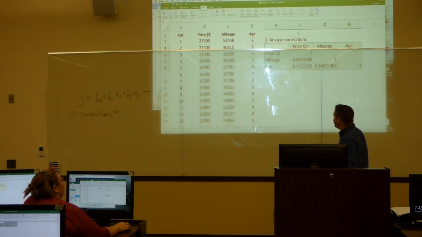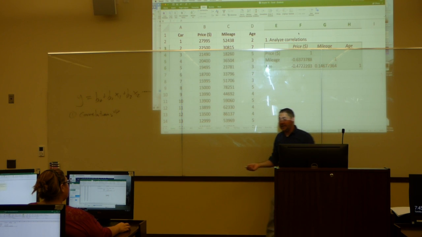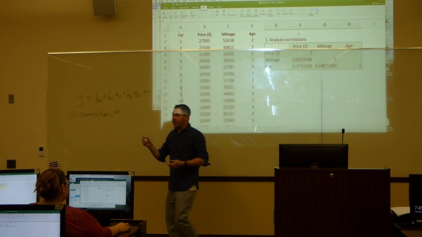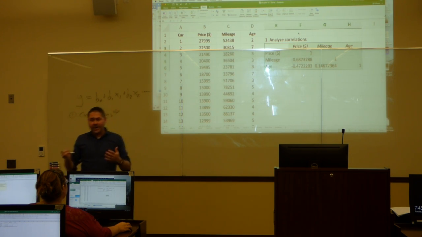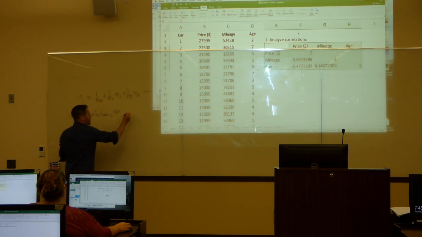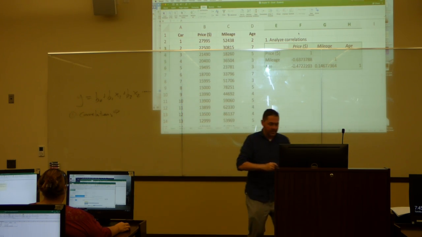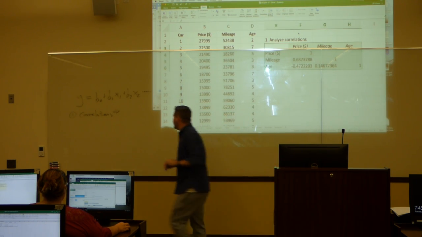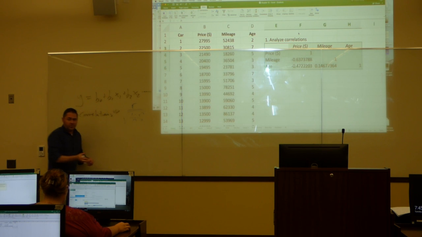But you would do it the same way. Is the correlation between mileage and price significant? You would have to go back and do the same equation we did from chapter 14. I don't have a lot of time today, but remember that equation, r over the square root of 1 minus r squared over n minus 2.